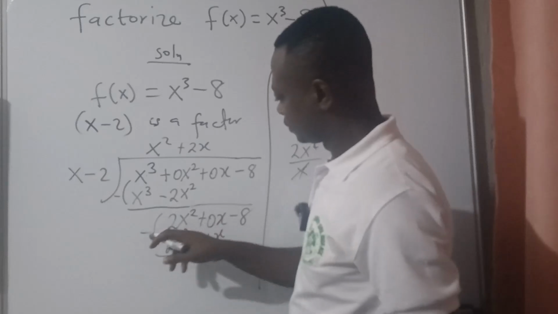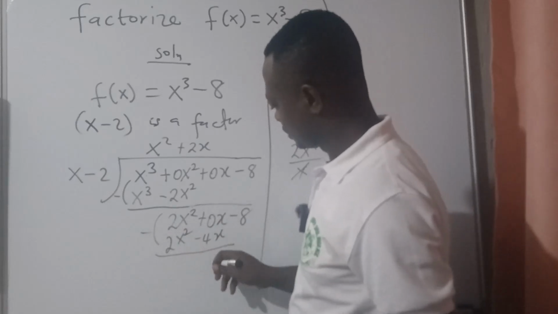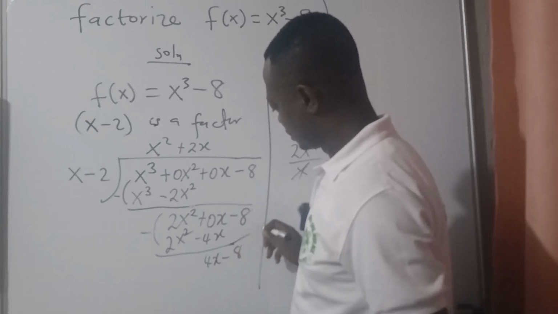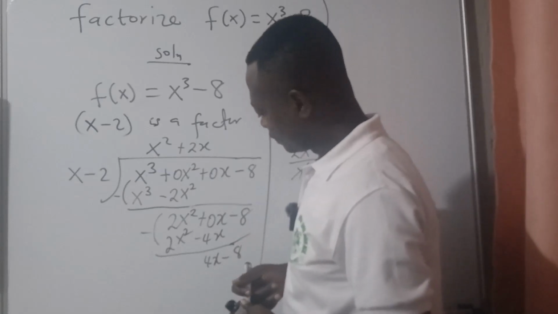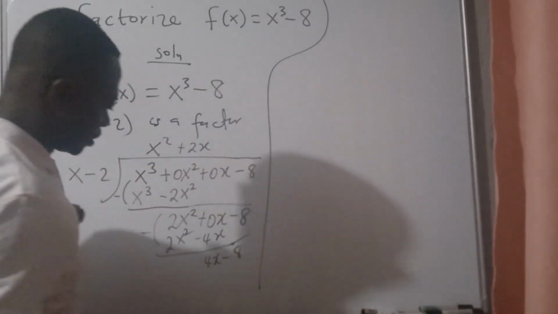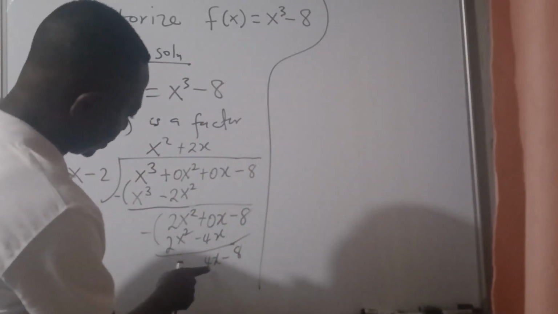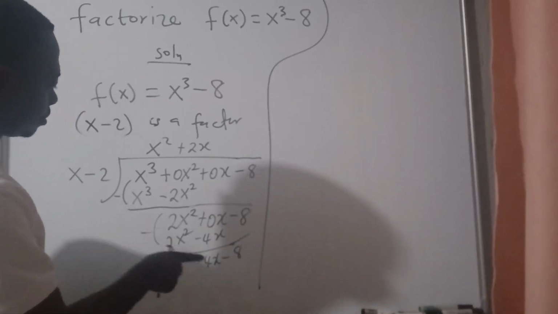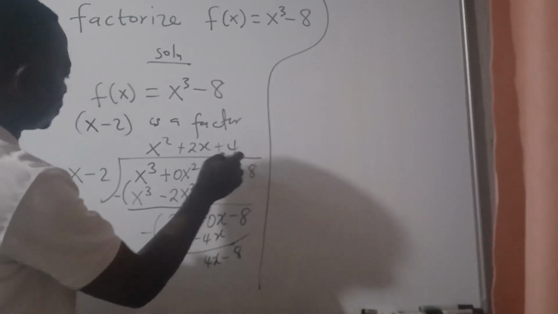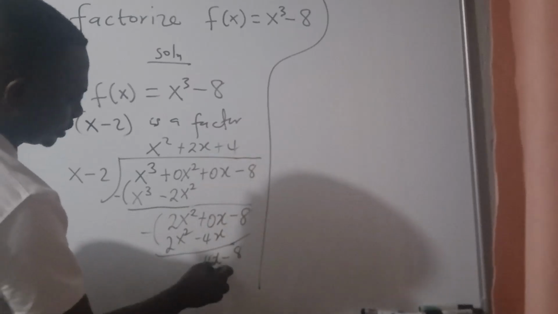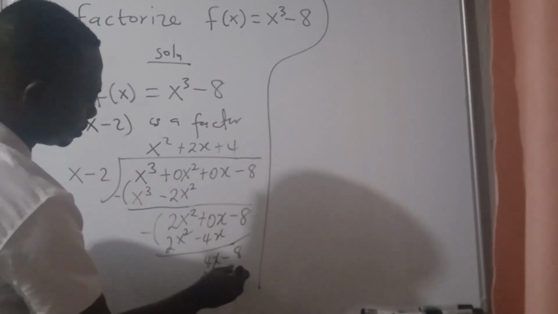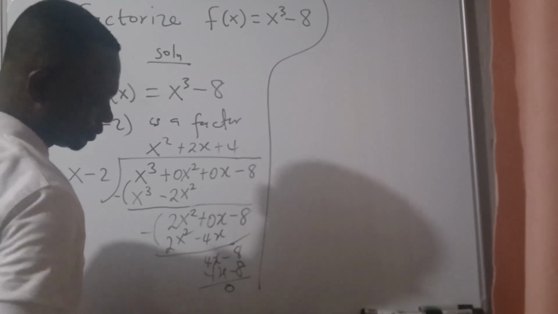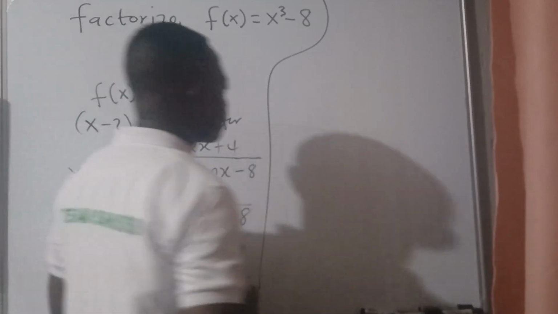We have 0 minus minus 4, that is plus 4x minus 8. All right, so we still have terms in x, 4x. So we divide 4x by x, that will be 4. So plus 4. 4 times x is 4x. 4 times minus 2 is minus 8. So they are the same. Therefore, I'll get 0 here.